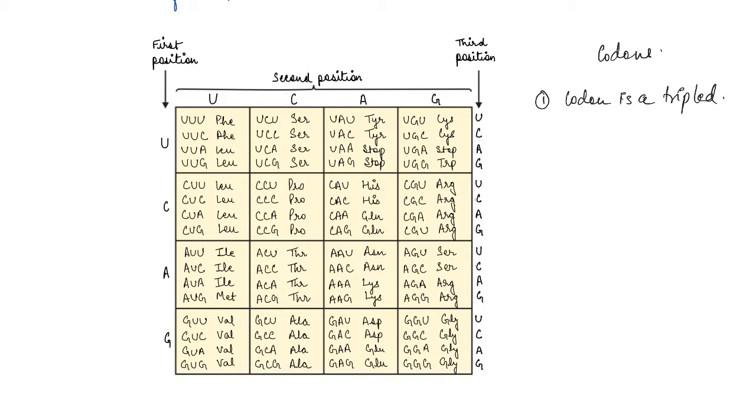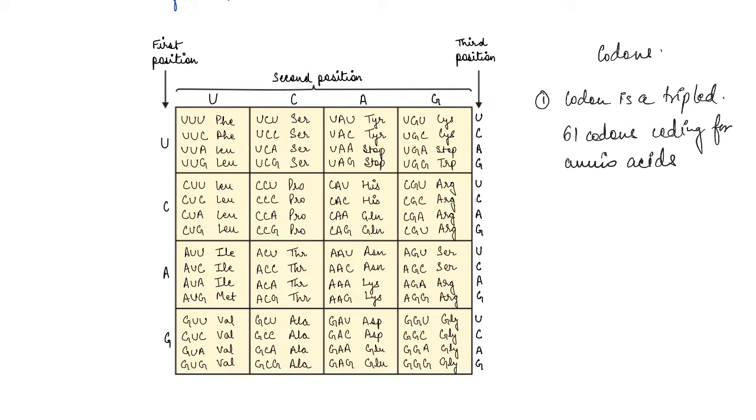So every time you see this, you will see three nucleotide bases coding for one amino acid. By that method, we have 61 codons coding for 20 amino acids, right?